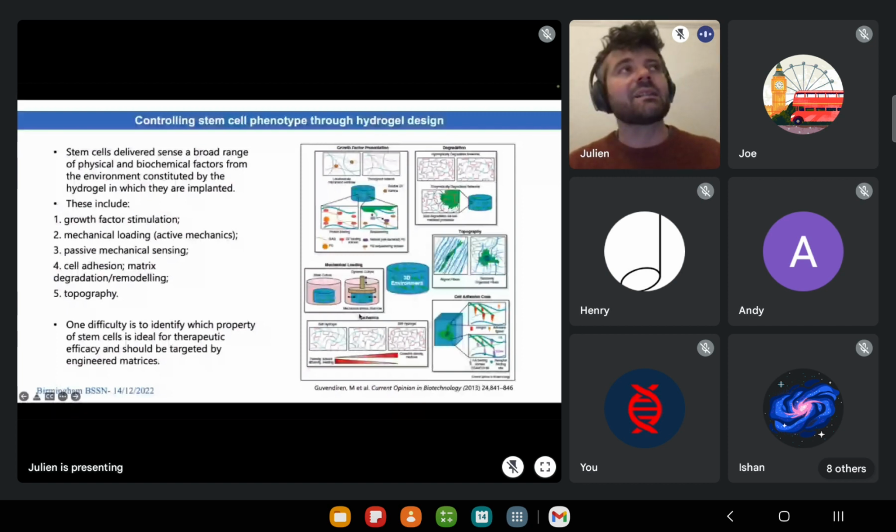The adhesion that cells can make with this matrix and engage mechanically and physically with this matrix, as well as other factors such as growth factors that may be present in this matrix that will be important in modulating and altering the cell behavior. And an important parameter that has emerged recently is the development of matrix that have controlled degradation, so that cells are initially trapped and locked in the position where we want to implant them, but eventually can locally degrade this environment and start regenerating the tissue.